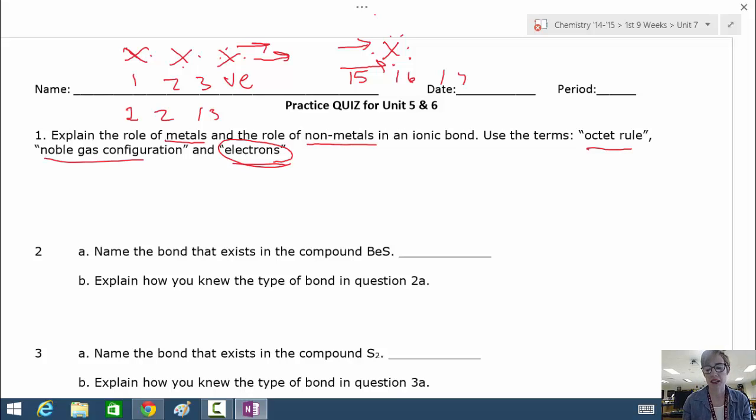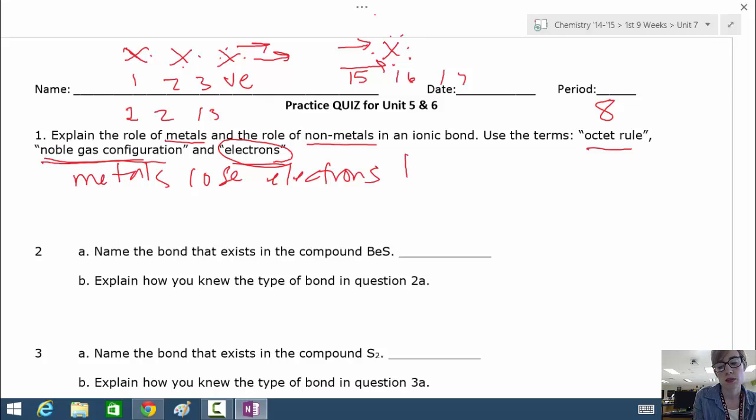Octet rule is the rule of getting 8. So nonmetals want to fulfill that octet rule by stealing electrons to have a full 8, or fulfilling the octet. So we can use that in our explanation. And then the noble gases, remember, they have a full octet, they have a full 8. So we can talk about how metals lose electrons to be stable.